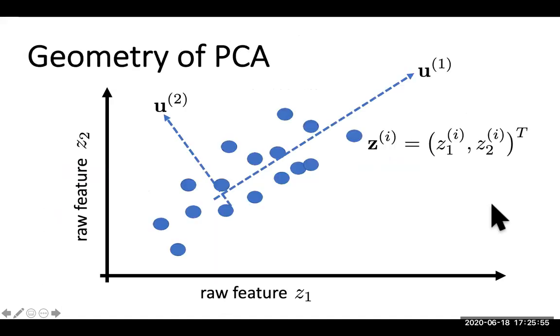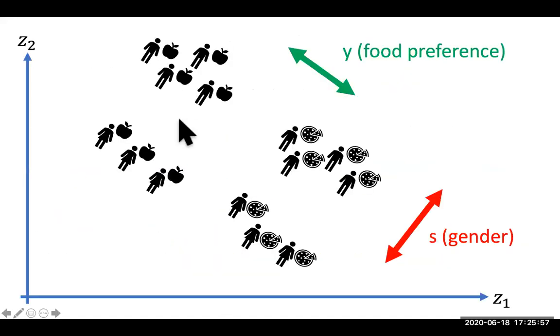So I have here an example for food recommendation. What we would like to do here is find out for a certain person if the person prefers apple or pizza. So the quantity of interest y of a person is either pizza or apple. But then there's another variable or quantity for each person, which is the gender. So either male or female.